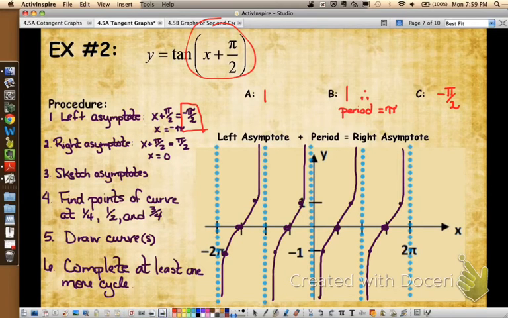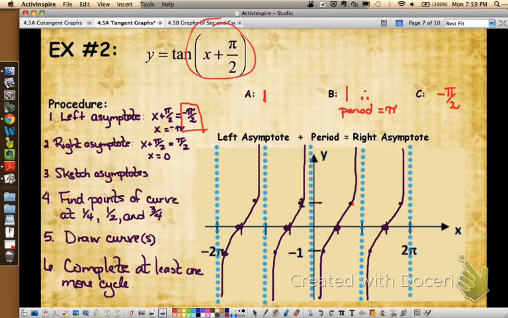And if we continue to go through each step, we find the right asymptote, we sketch those asymptotes, we find the points halfway in between, and since these graphs are not a reflection, then our halfway or midway points will be at 1 again, because that's the value of A. And then we can draw as many cycles as we need to. One is usually enough, but in this case I drew several just so you get the picture.